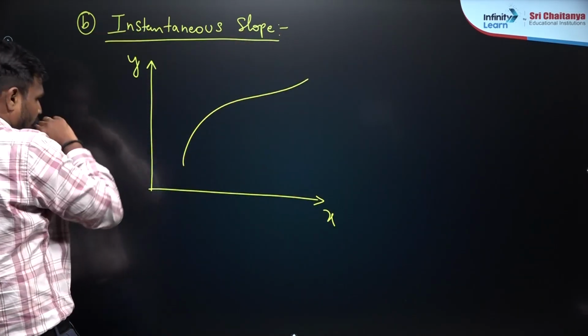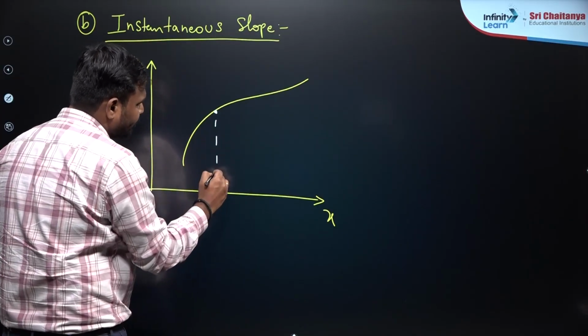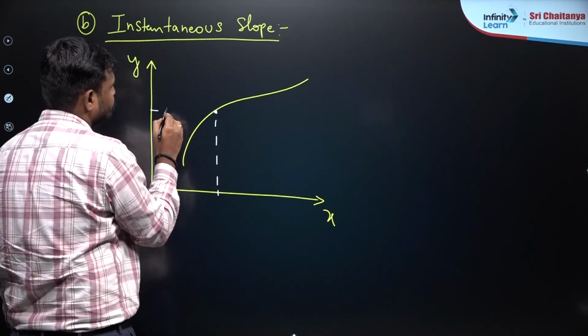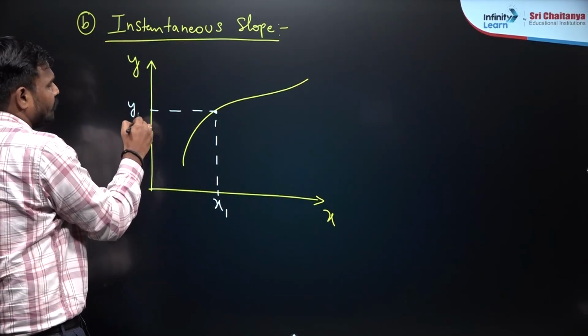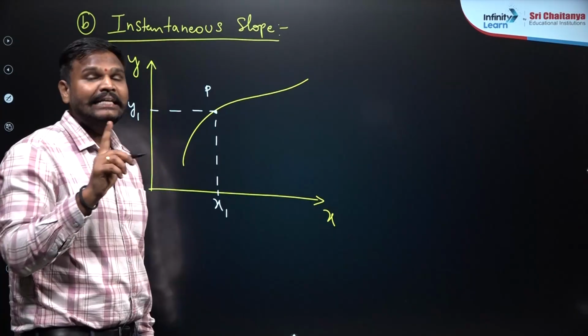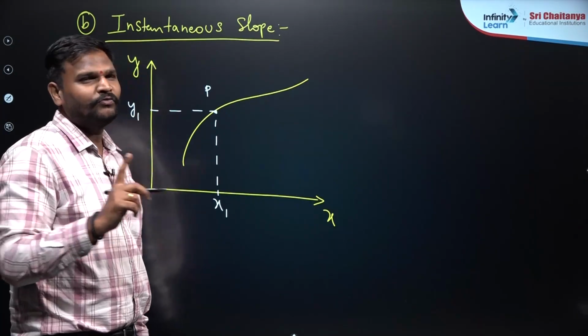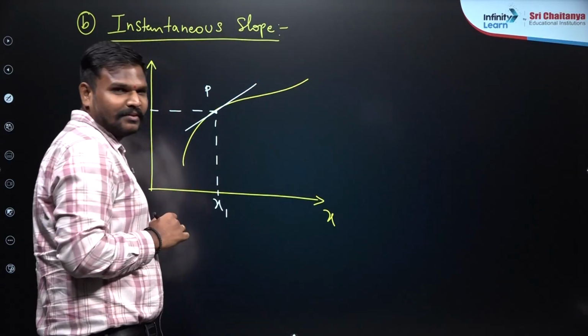Let us say at this point x1, y1, we have a point P. Now I want to see the instantaneous slope. For that, I will draw a tangent.